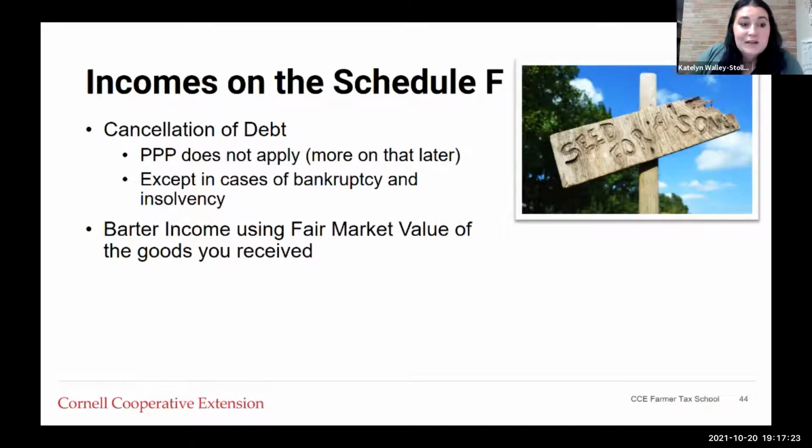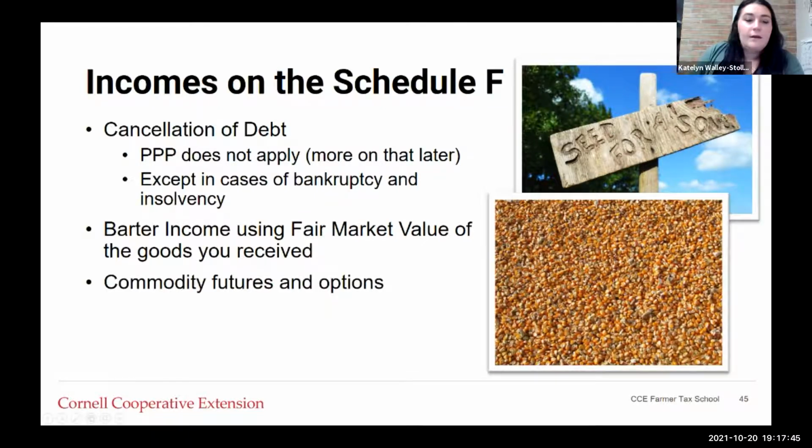So the best way to do this, in my experience, is just to give your neighbor an invoice for your services and have your neighbor give you a receipt for whatever you receive in kind. There's no cash exchange, but having that paper trail is a good way to maintain your records.